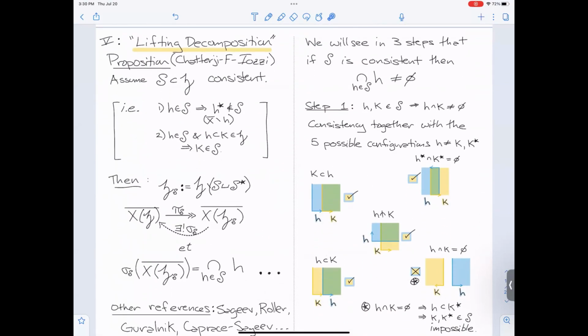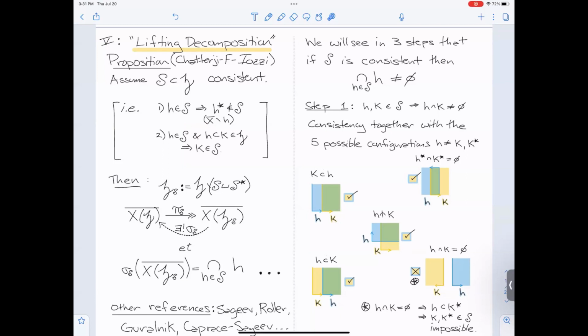So proposition: if S is consistent, I'll remind you being consistent and maximal corresponded to being a point, and now I'm just insisting that it's consistent, possibly also could be a point. And this again means that if I choose H, I don't choose its opposite. If I choose H and there's a larger half space, then I must also choose that larger half space.